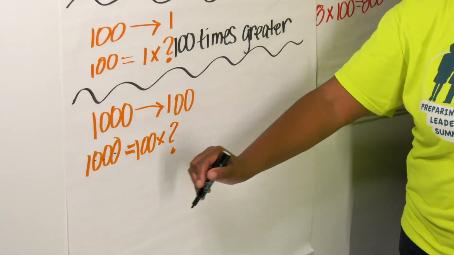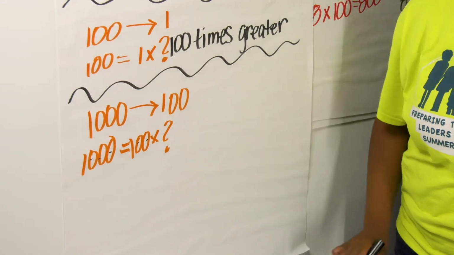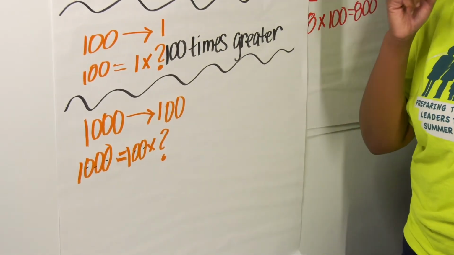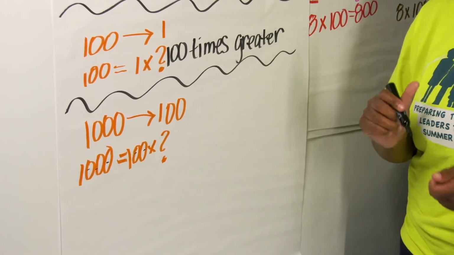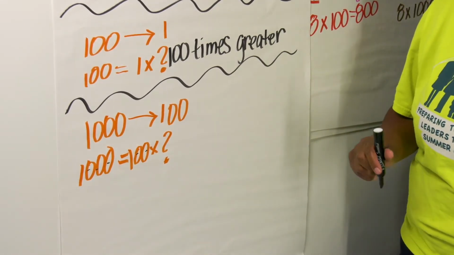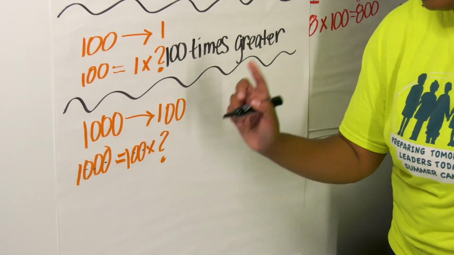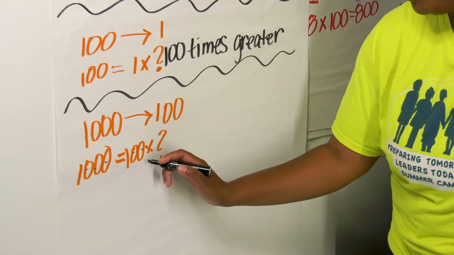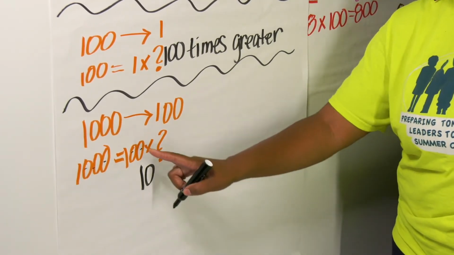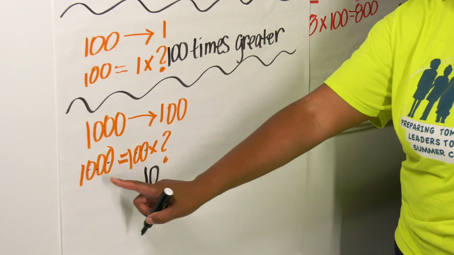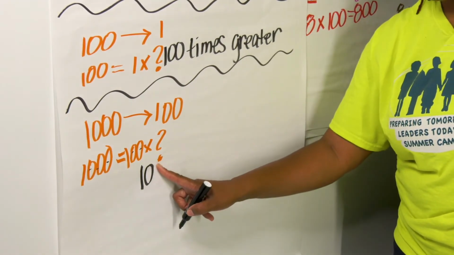If I have 3 zeros here on the left side of my equal sign and 2 zeros here on the right side of my equal sign, how many more zeros do I need to make both of the sides of our equal sign balance? If I multiply by 10, which has one more zero, 100 times 10 will give me 1,000, which will make 1,000 on my left side of my equal sign and 1,000 on the right side of my equal sign.